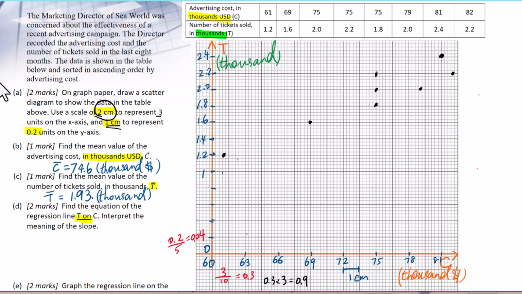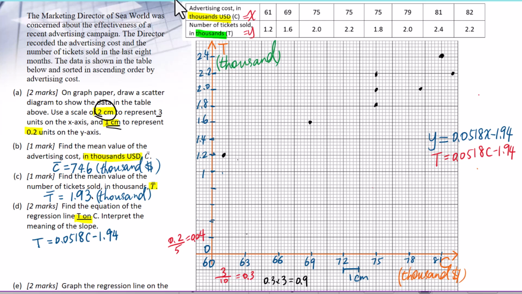D. Find the equation of the regression line. From the calculator, we know y equals 0.0518x minus 1.94. This x equals c, y equals t. So t equals 0.0518c minus 1.94.